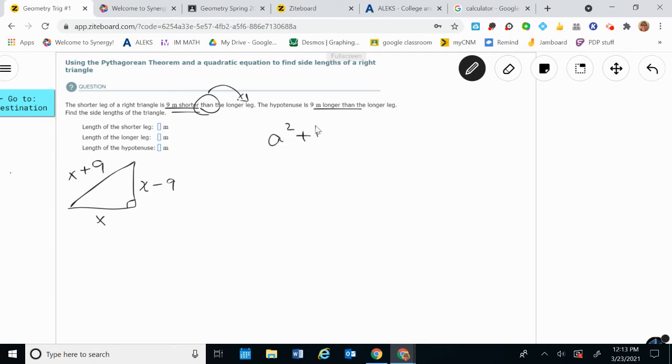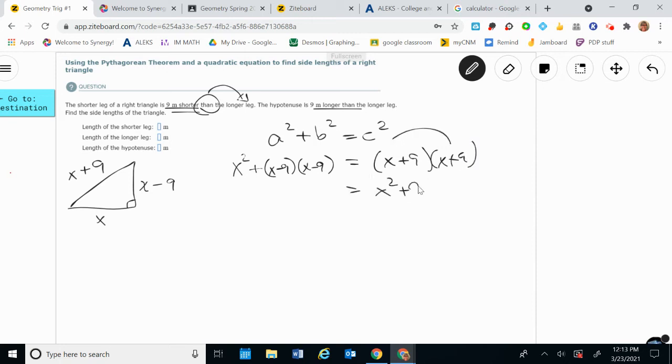A squared plus b squared equals c squared. X squared plus, I'm going to just write it out right away. X minus 9 squared equals x plus 9, x plus 9. So you get x squared plus 9x plus 9x plus 81, x squared plus 18x plus 81.